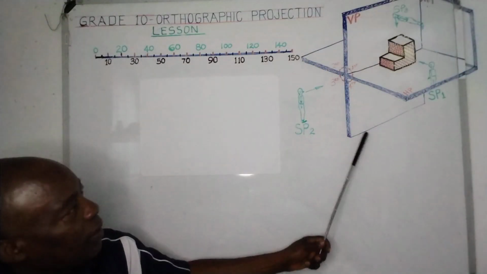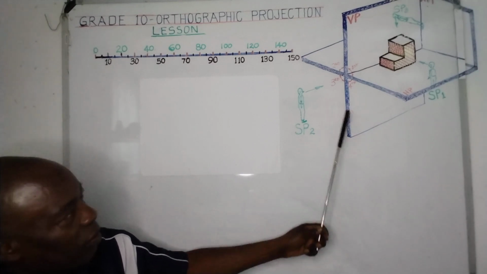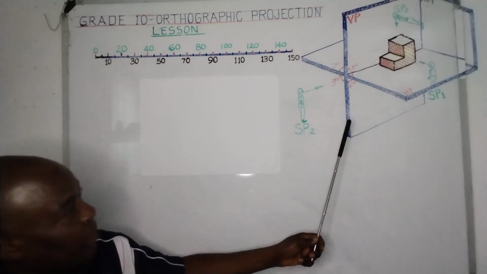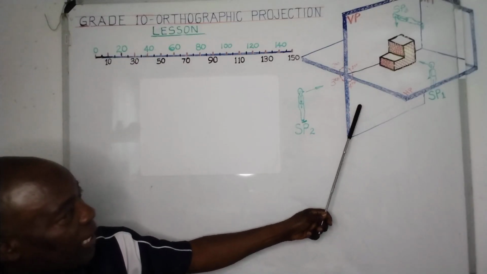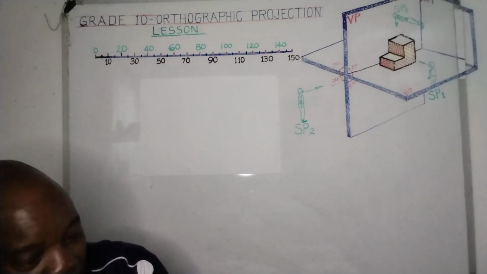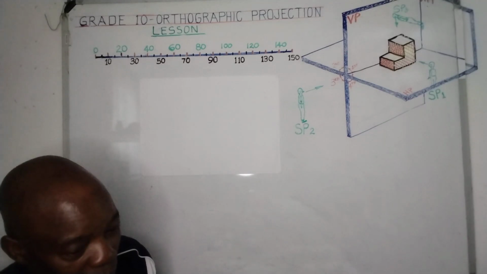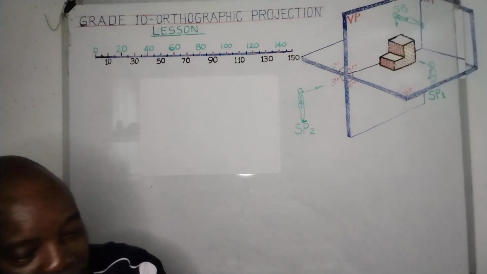I'll just mention in passing as we go through the lesson. So orthographic projection is a projection whereby you view a 3D object, for example, this one, in a plane space.